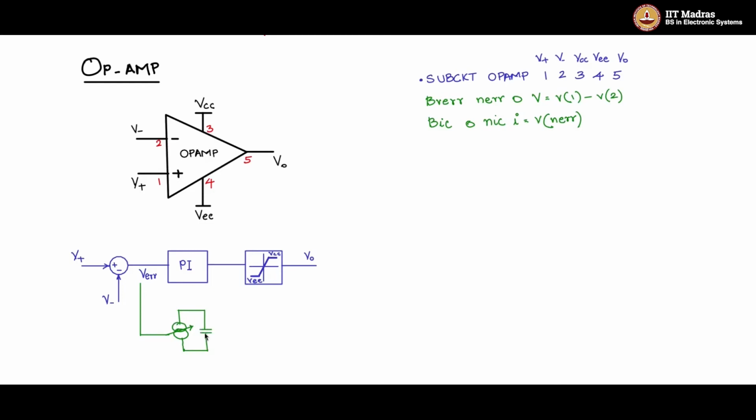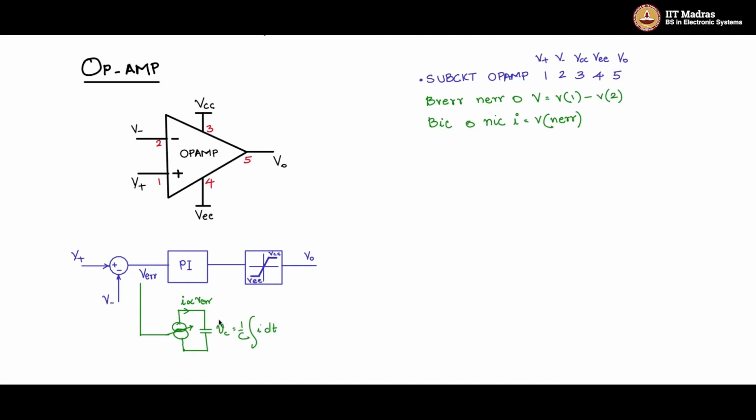And I am going to feed it to a capacitance. I is proportional to VERR and the voltage across the capacitance is 1 by C integral of I dt, and I being proportional to VERR, the voltage across this is proportional to the integral of VERR. So this is the integral of the error that you see. So this is the I part.